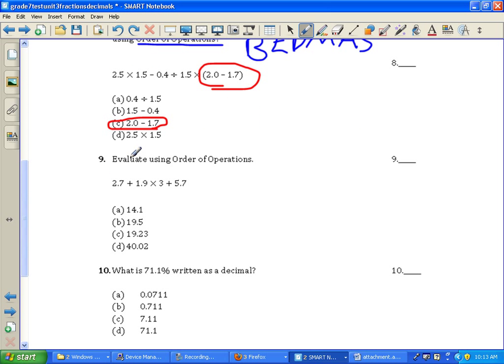Now this one says evaluate using order of operations. So you actually have to work this out. Again, I could work this out by estimating. Okay, and what part should I do first though? Definitely the multiplication according to BEDMAS. So I'm going to do this first. So 1.9 times 3 should be first.